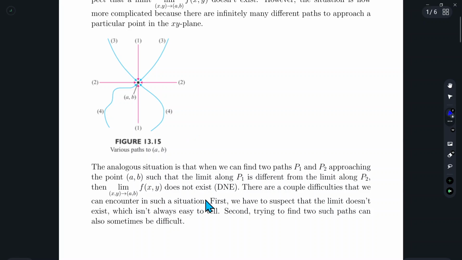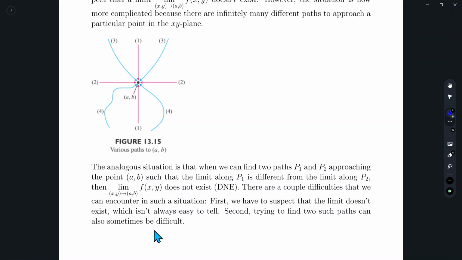But the situation can be somewhat complicated. First, to apply this method, we have to suspect that the limit doesn't exist, which isn't always easy to tell just by looking at the function, and second, trying to find those two paths which have different values can also sometimes be difficult.